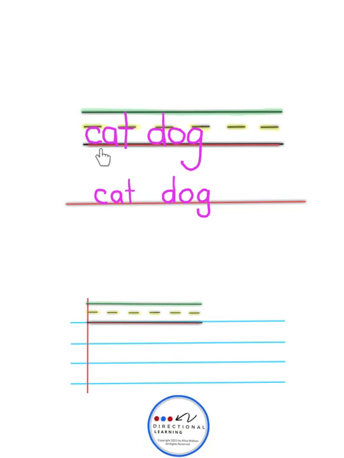Watch. If I want to write the word cat, remember, I have to start right at the margin here. We don't start on this side. We start here. This is our starting spot. So I get my pen out and I find the middle and I park my cat right next door to that line. Then I do my apple on a stick.